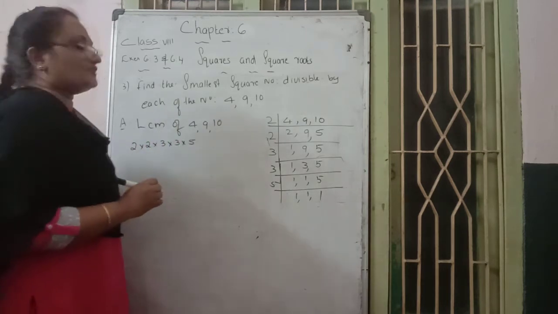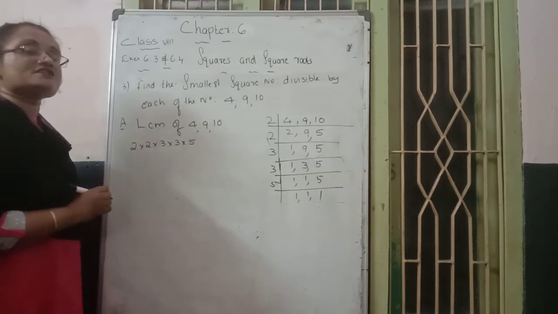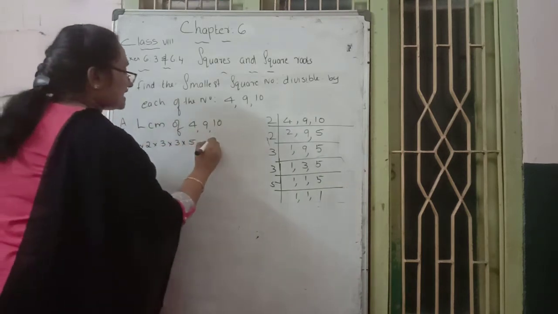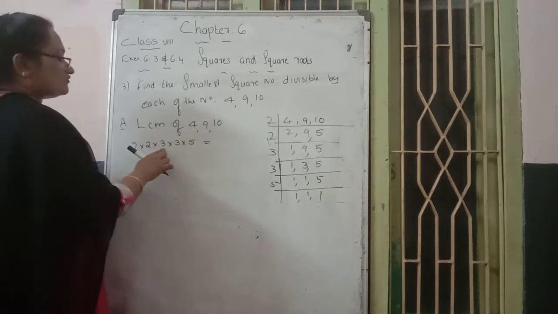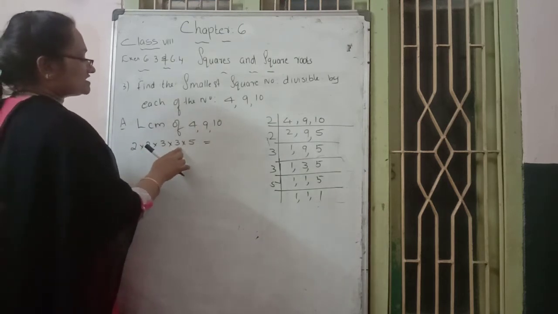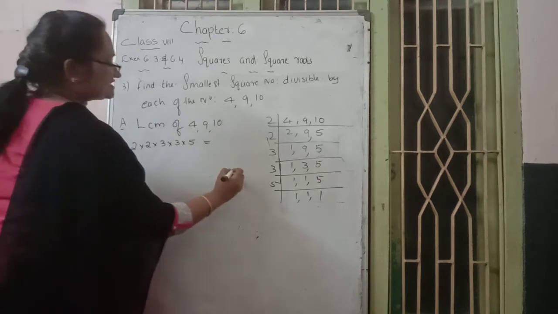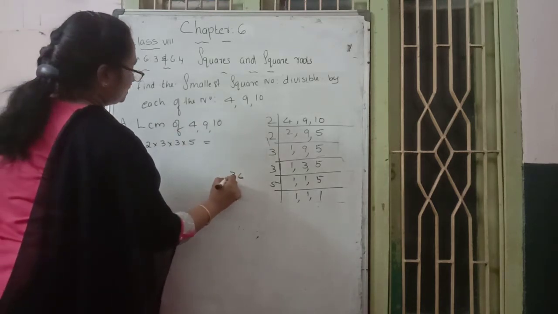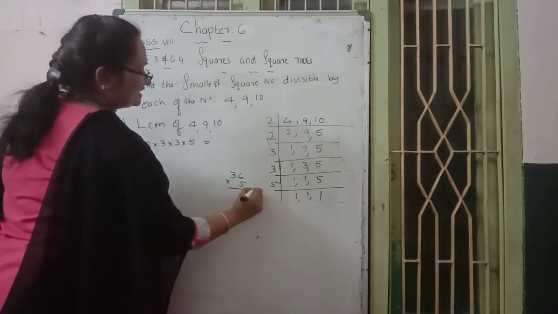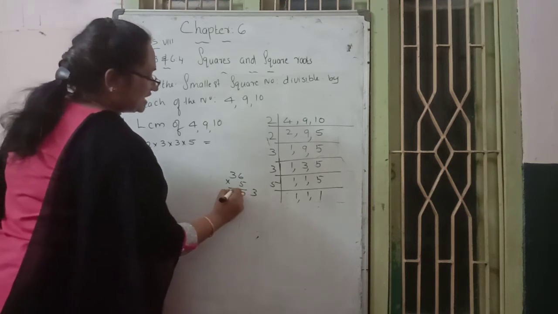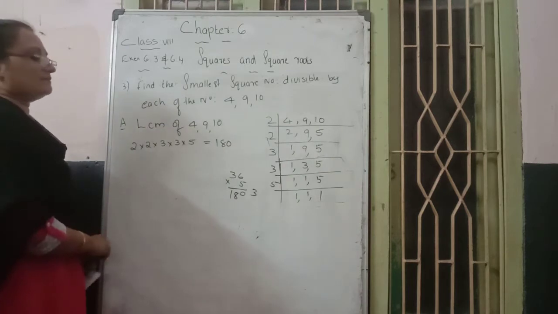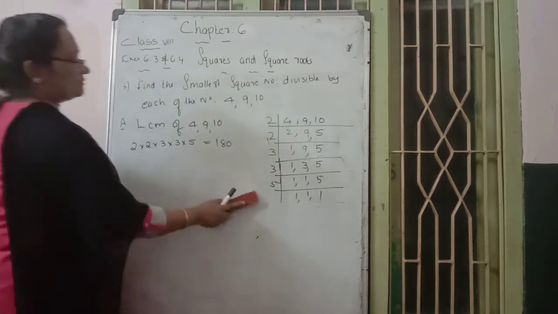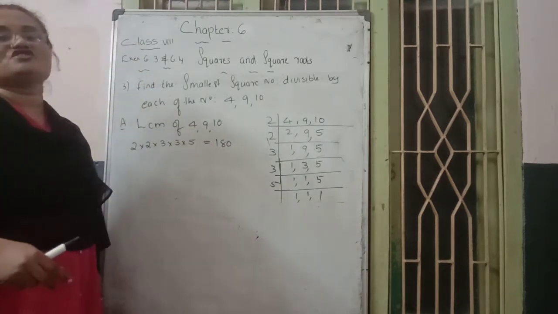Multiplying these factors: 2 twos are 4, 4 threes are 12, 12 threes are 36, 36 into 5 is 180. That is the LCM, 180.